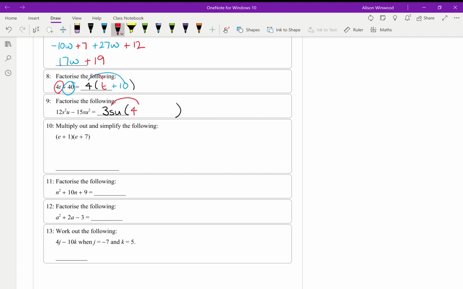Then I need s squared. I've only got a single s here, so I need to multiply by another s. That gives me s squared. U, I've already got the u. Then 3su multiplied by, so 3 times negative 5 gives me the negative 15. S I've already got, and then u times another u will give me u squared.